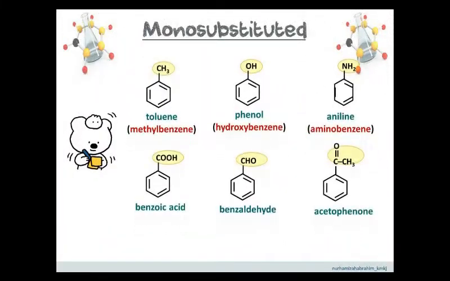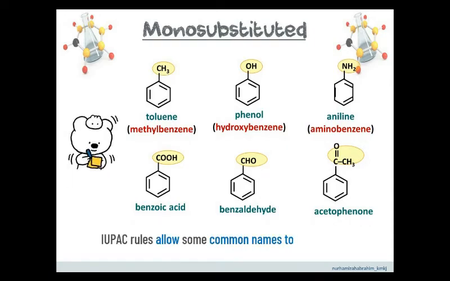As stated before, the IUPAC rules allow some common names to be retained, such as toluene, phenol, aniline, benzoic acid, benzaldehyde, and also acetophenone.